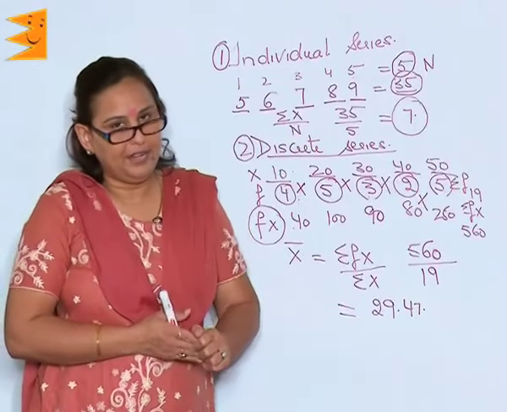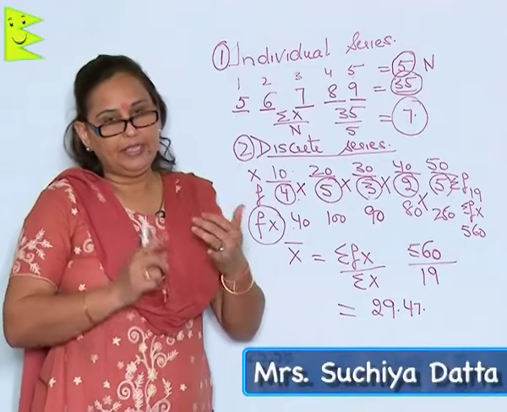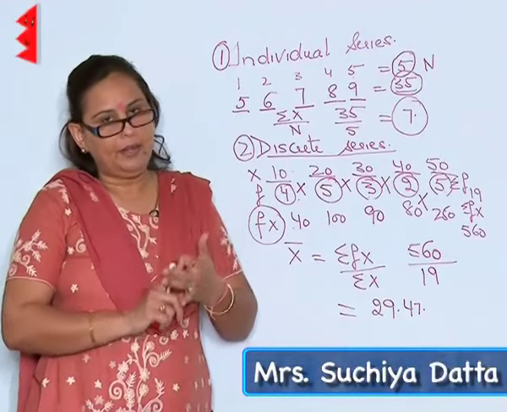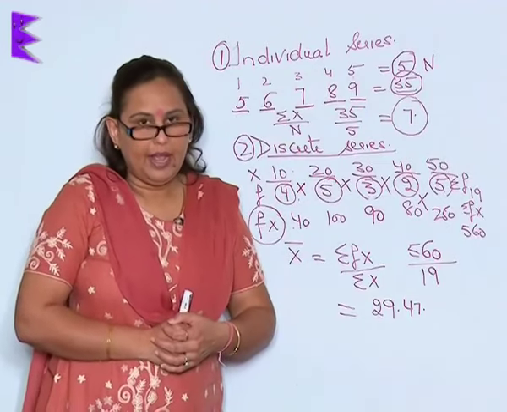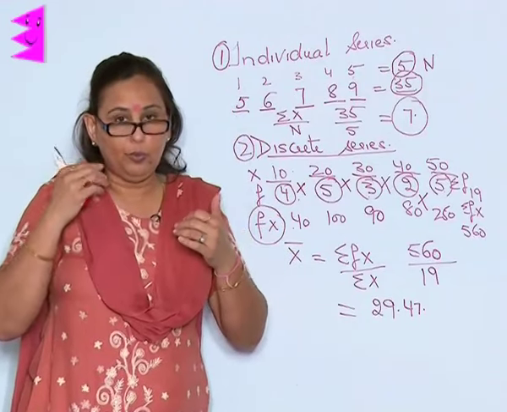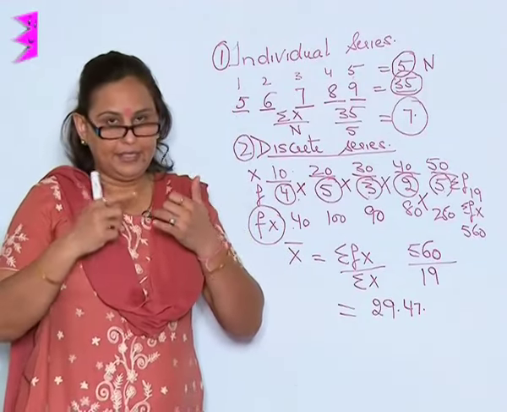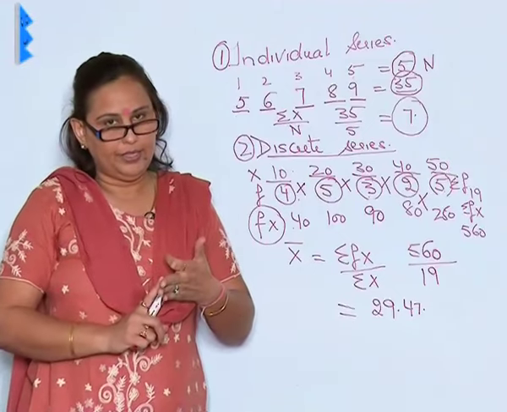Now we have to find the central tendency by three ways, that is mean, median and mode. The first one that we shall pick up is the mean, and in all three we shall be finding it through the individual series, the discrete series and the continuous series.